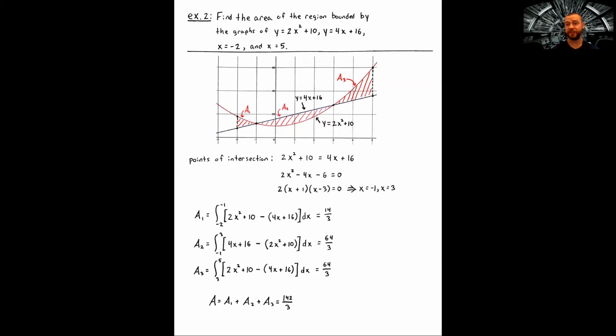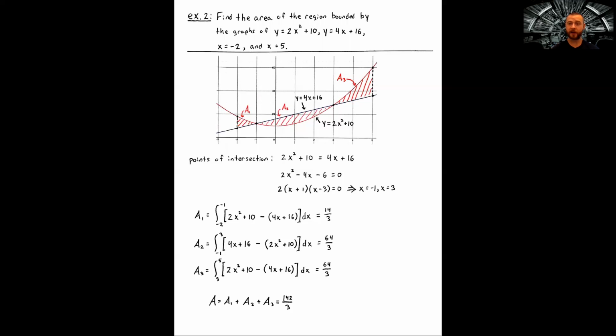All right, now this gets a little tedious, but once you simplify after subtracting within the integral, you can apply the power rule for antiderivatives since all the integrals involve just powers of x. It gets a little tedious to apply the fundamental theorem of calculus. Be careful with, for instance, A1, both of the endpoints are negative, so there's a lot of possibility for sign errors.